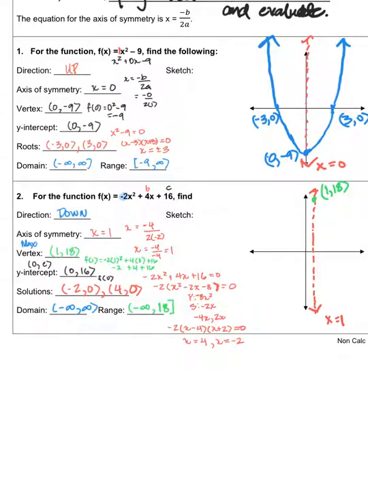We know the y-intercept would be 0, 16, so that would be 0, 16. I know that negative 2, 0 is a solution, and I know that 4, 0 is a solution. So negative 2, 0 and 4, 0, and then just sketch the graph.